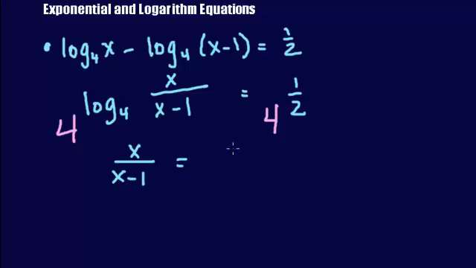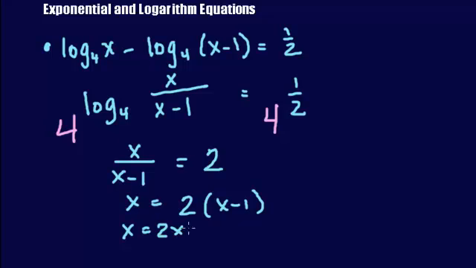And 4 to the 1/2, that's the square root of 4, which is 2. Solve this as I normally would any equation. Multiply both sides by this x minus 1, distribute this x minus 1, I'll have x equals 2x minus 2, and I'll bring the x over, bring the 2 over, and I'm going to end up with x equals 2. Very nice.